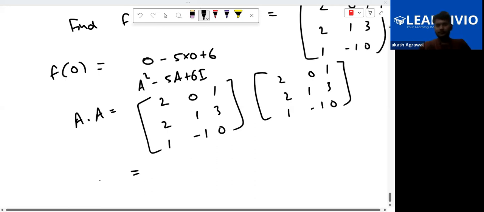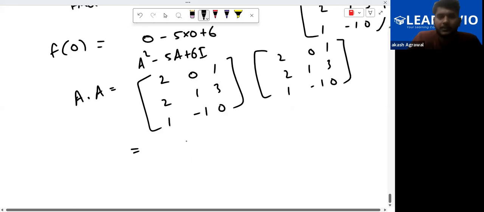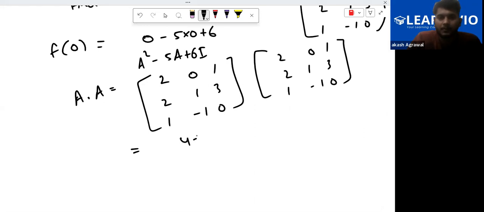So the value is 7 5 3, 3 5 minus 4, 1 0 1 0. Okay, I think you made some mistake. Let's see. So this is 2 times 2 is 4 plus 0 plus 1. 2 times 0 is 0, 0 and minus 1.